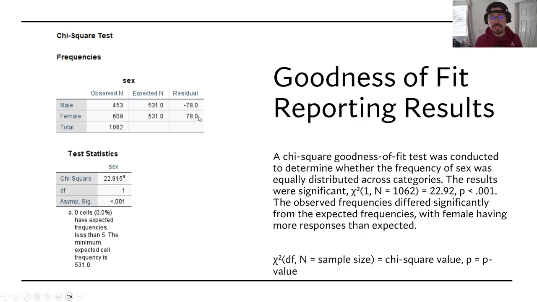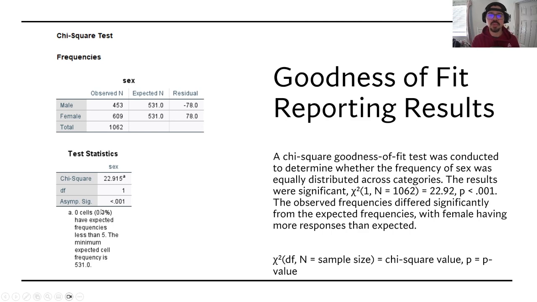And so this residual column actually indicates the difference from your observed frequency to your expected frequency. So what this is suggesting is that there are minus 78, which is to say there are 78 fewer males in this sample than we expected. And this secondary residual number indicates that there are 78 more females than we expected.